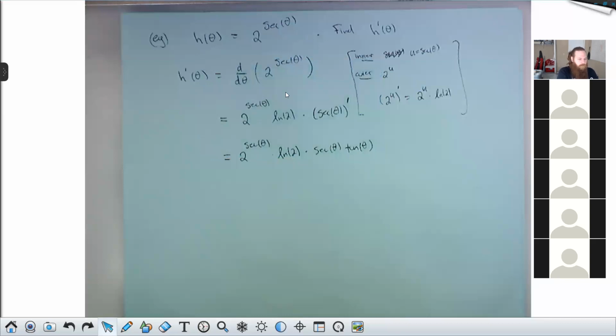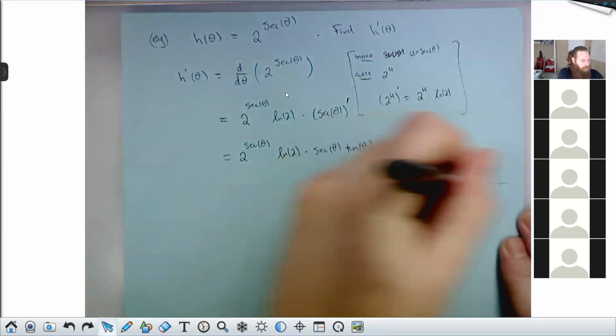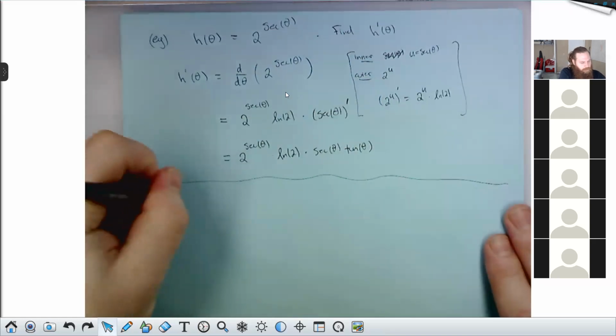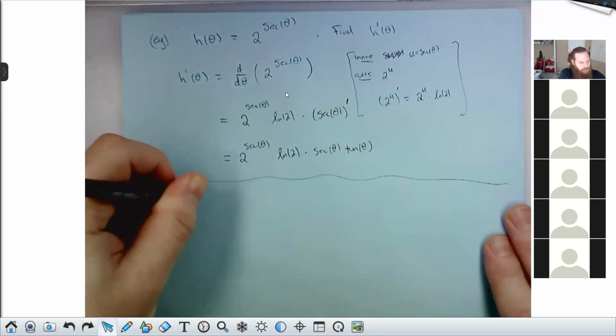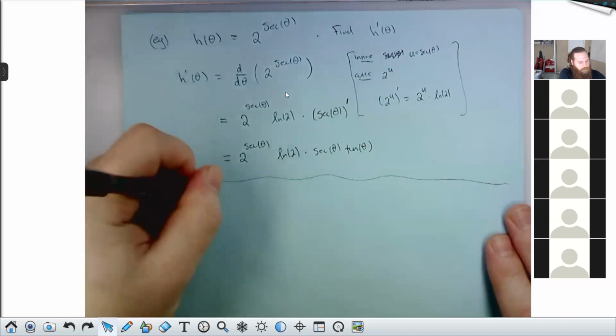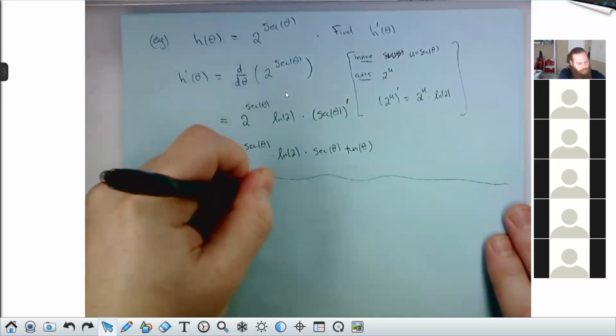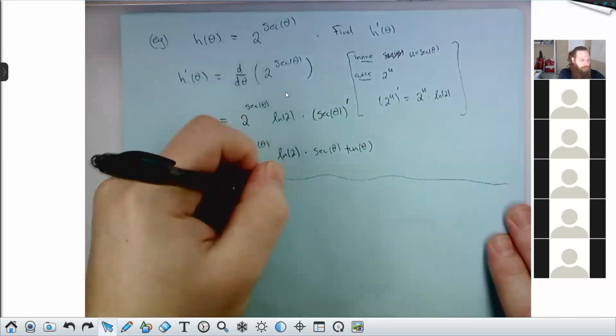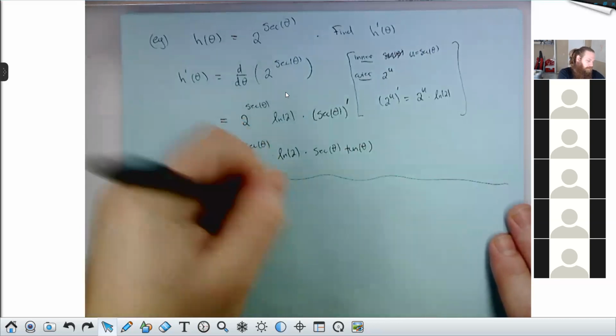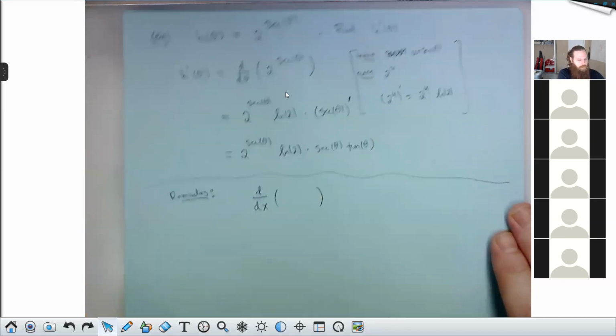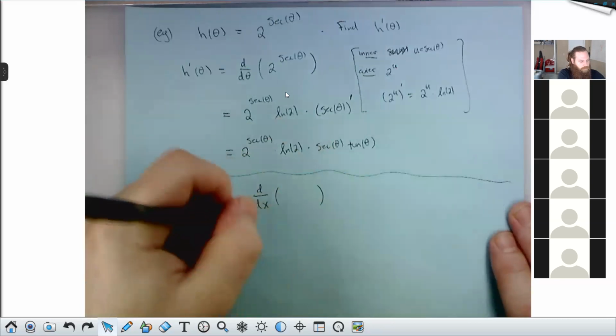Okay, I have just a few seconds left to talk about notation, so I'm going to do that. I want to remind everybody, because it's easy to forget, that d/dx is like a machine. This is a differential operator.